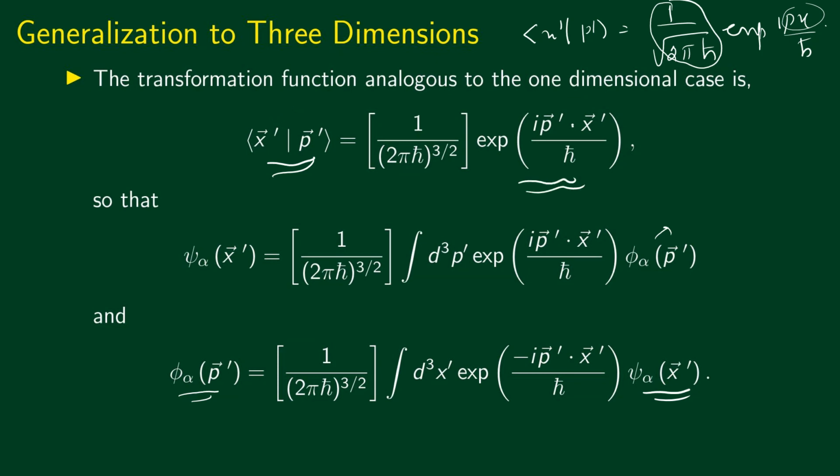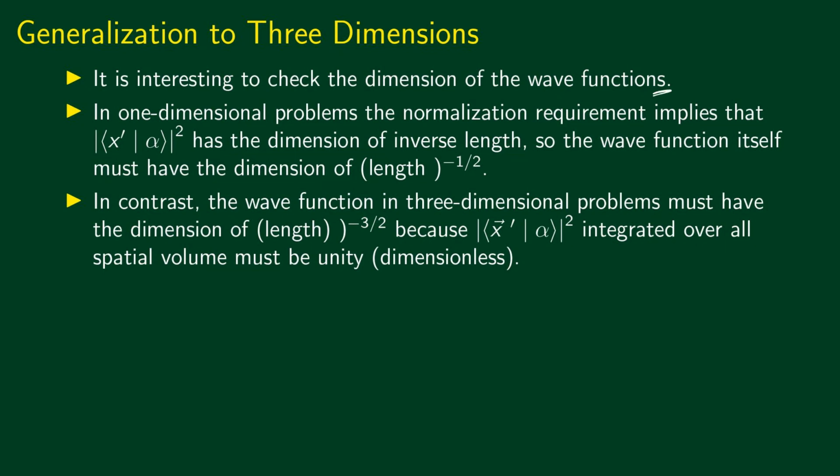Now let's check the dimension of the wave functions. In one-dimensional problems, the normalization requirement implies that bra x prime ket alpha modulus squared has the dimensions of inverse length. We can understand this as follows. We know that these wave functions psi alpha of x prime are given by bra x prime ket alpha, and this has a specific interpretation.